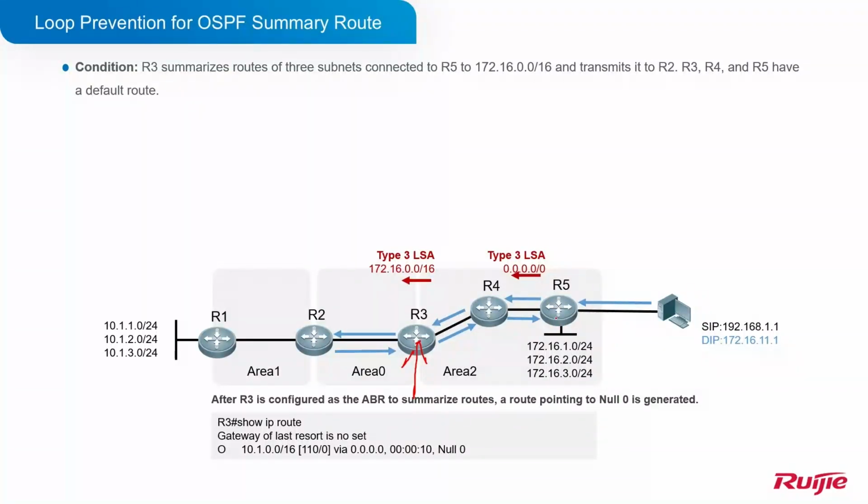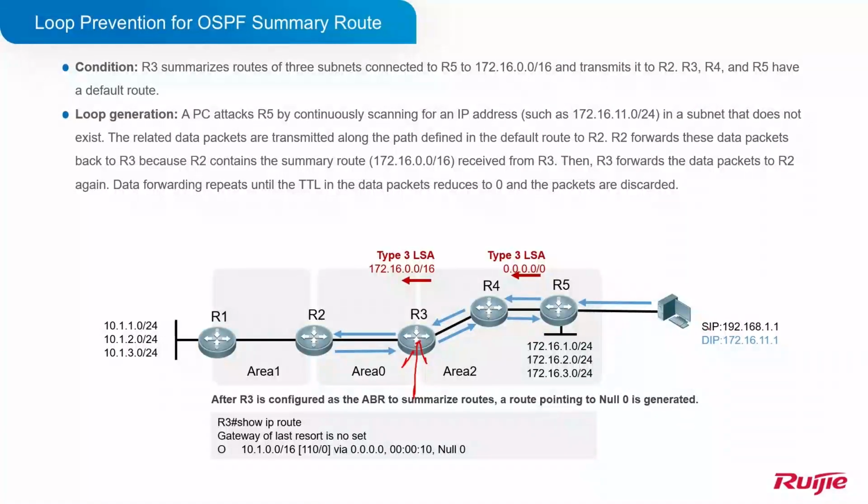So we can use show ip route and see the 0.0.0.0 default route.